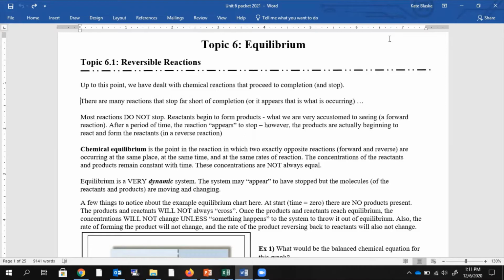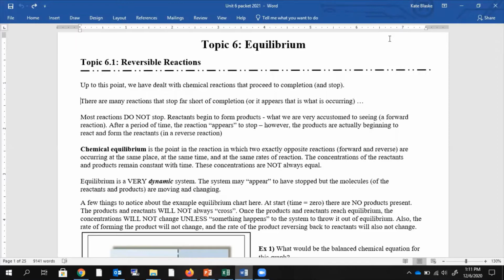But if we could look very closely at a very small scale at what those molecules are doing, we would see that not only are the reactant particles bumping into each other, using that collision theory that we learned last chapter, to form our products, but also some of the product molecules are colliding with each other and going back and forming reactants.